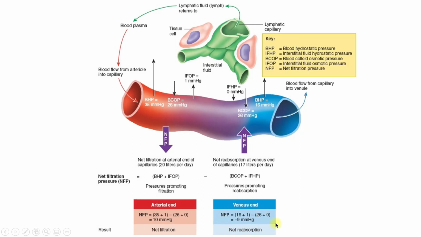So the pressure at the venous end: blood hydrostatic pressure, which is already given here as 16, plus interstitial fluid osmotic pressure, which is 1, minus blood colloid osmotic pressure, which is 26, plus interstitial fluid hydrostatic pressure, which is 0.